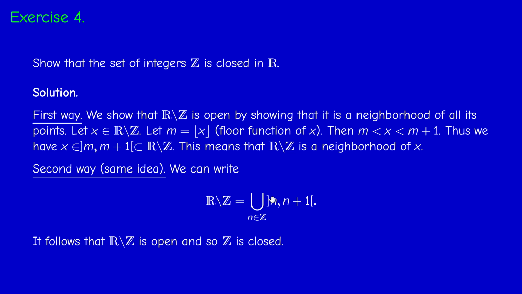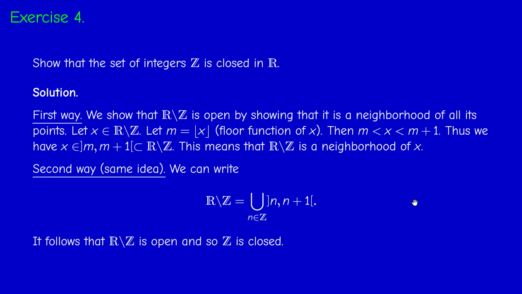Note that if we close these bounds, we get R. But when we open them, we remove all the integers. How do we prove that? Double inclusion. It's very easy. The same idea used here proves this identity. And therefore, R without Z is a union of open intervals, and therefore it's open, and therefore Z is closed.